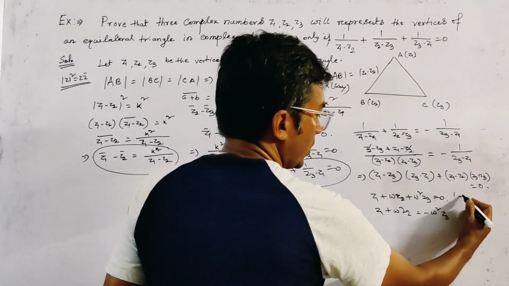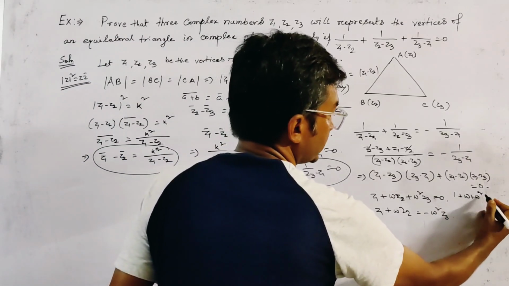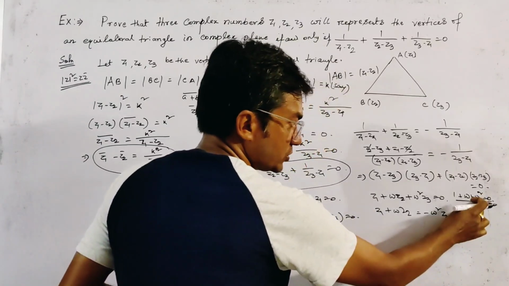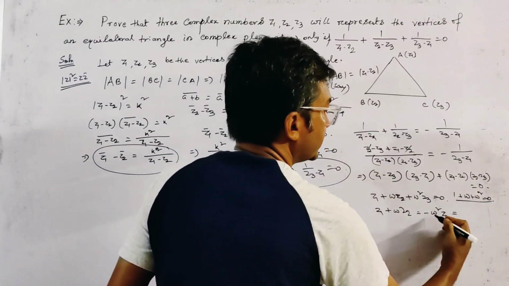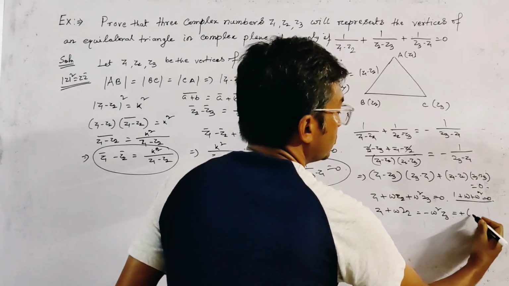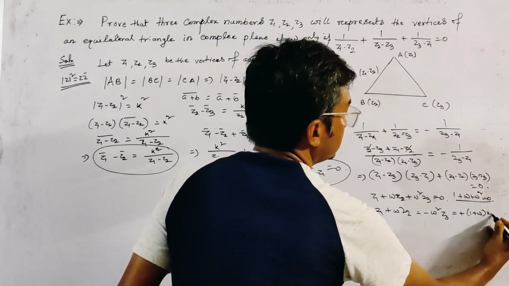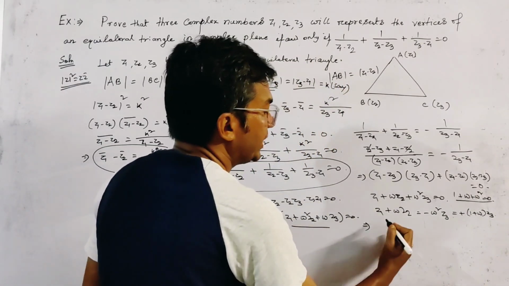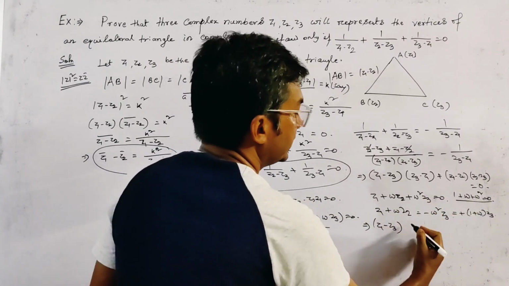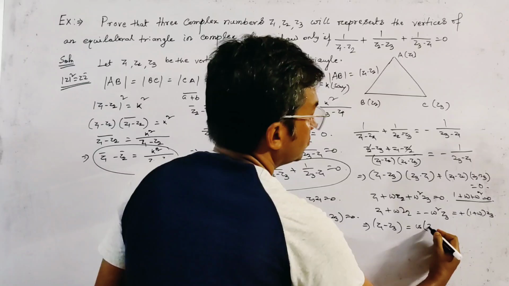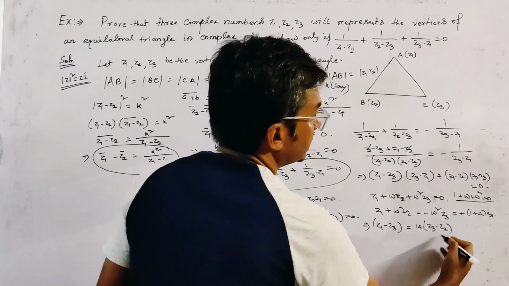We know that 1 plus omega plus omega square is equal to 0, so omega square is equal to minus of 1 plus omega. Putting this here, we get Z1 minus Z3 equal to omega into Z3 minus Z2.